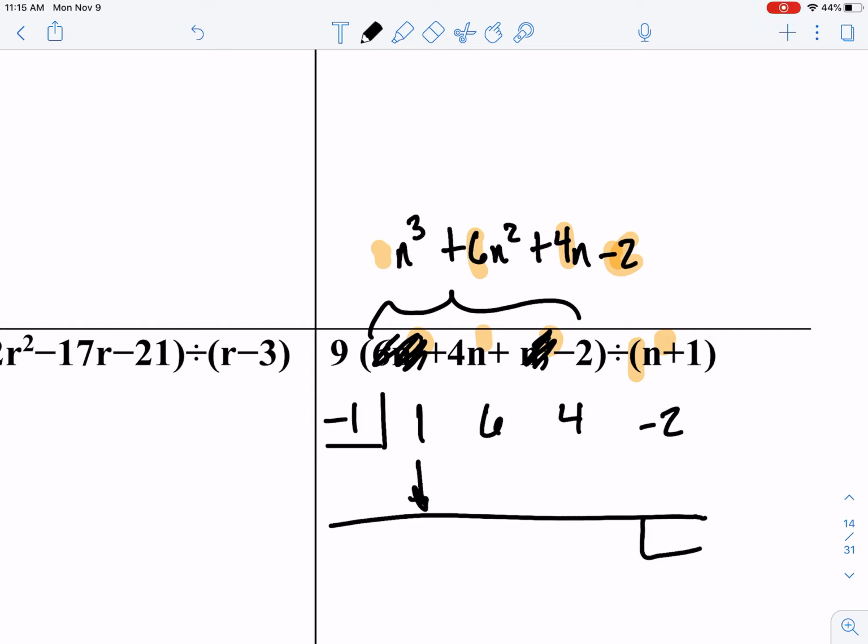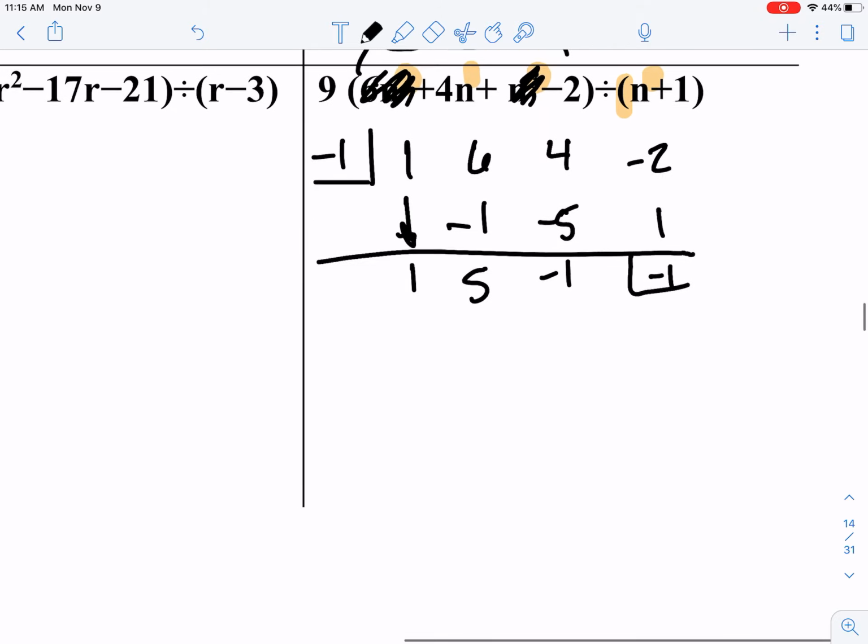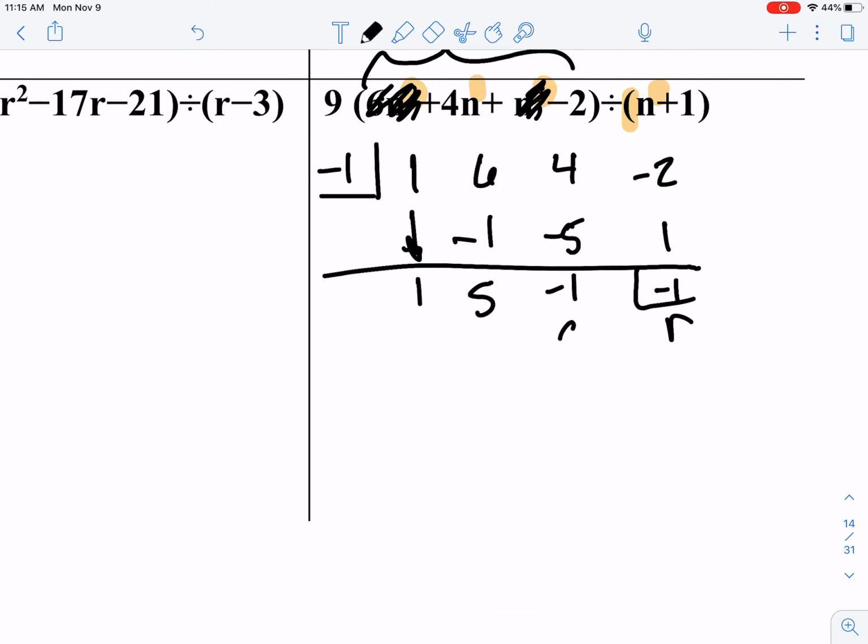Again, bring your first one down. Once you bring it down, you start multiplying and adding. Remainder, constant, degree of 1, degree of 2.